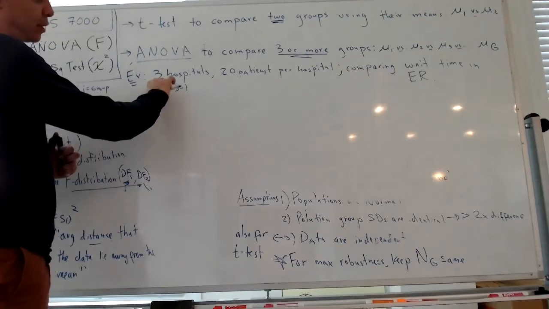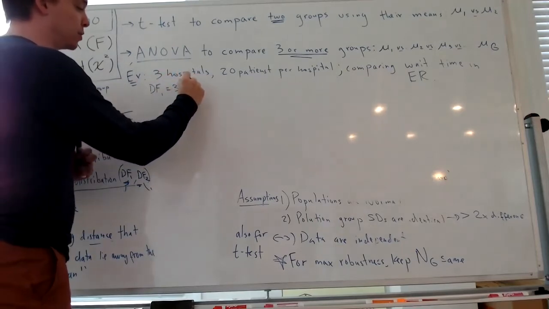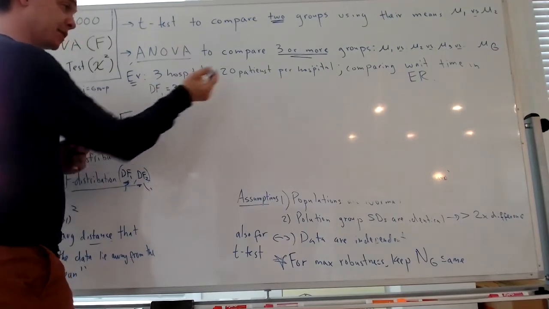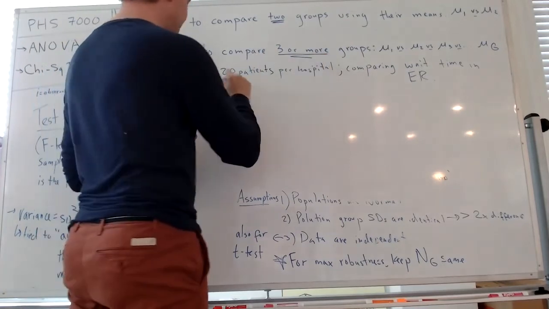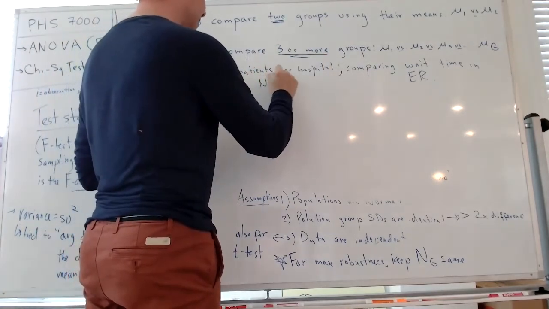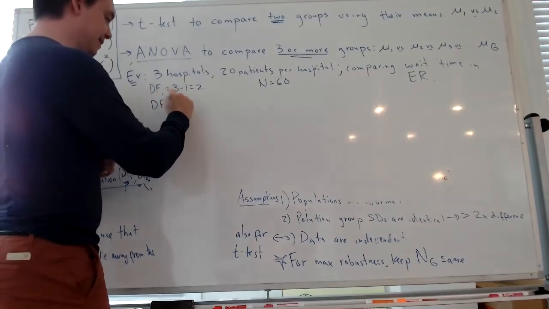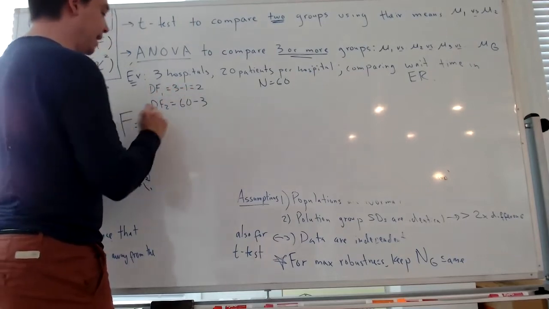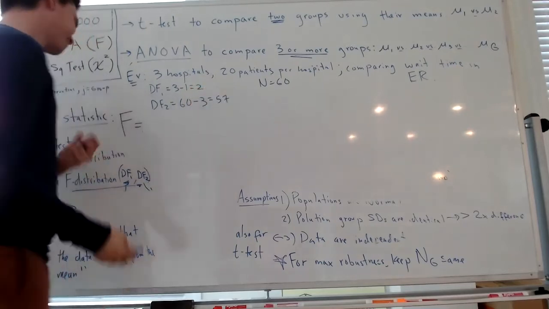Okay, so we're comparing 3 groups, 3 hospitals. Our first degrees of freedom is 3 minus 1, which is 2. Our second degrees of freedom, 20 patients per hospital, means my overall N is 60. My degrees of freedom 2 is 60 minus 3, number of groups, 57.